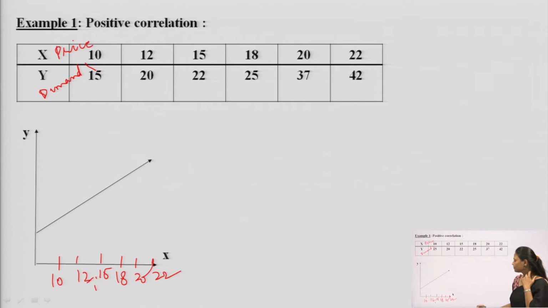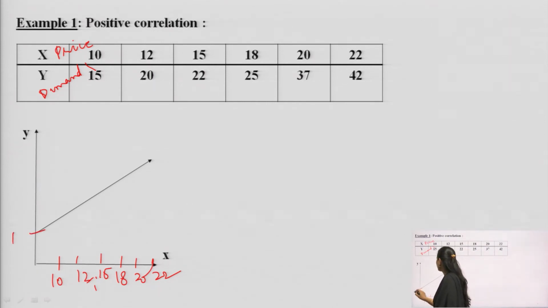Onto the x axis we have plotted different points which talk about the price of the commodity: 10, 12, 15, 18, 20, 22, and onto the y axis we have taken demand: the first is 15, then 20, 22, 25, 37 and 42.